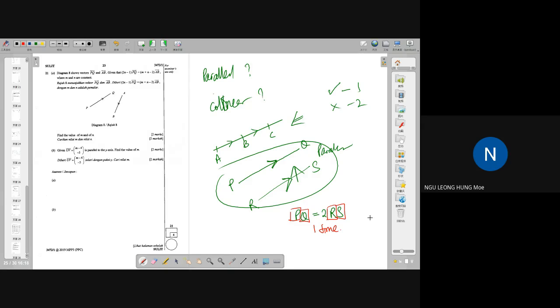But if collinear, AB equal to, let's say, 2BC. You look at this, there are 2 times. That means ABC is a straight line and is collinear. Can you understand? If you understand, reply me E. If not, reply me F. This one you have to remember. You really have to remember.